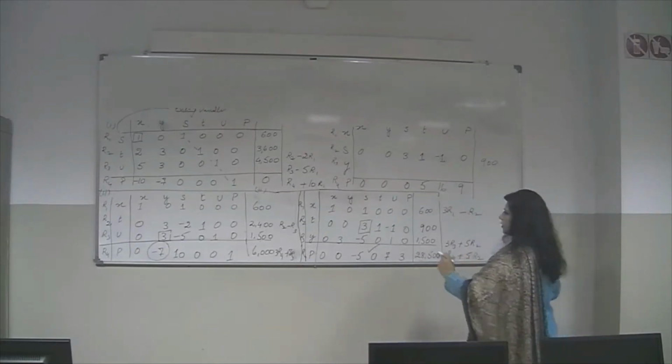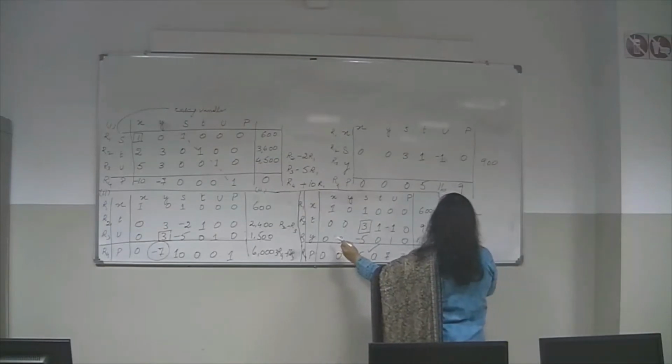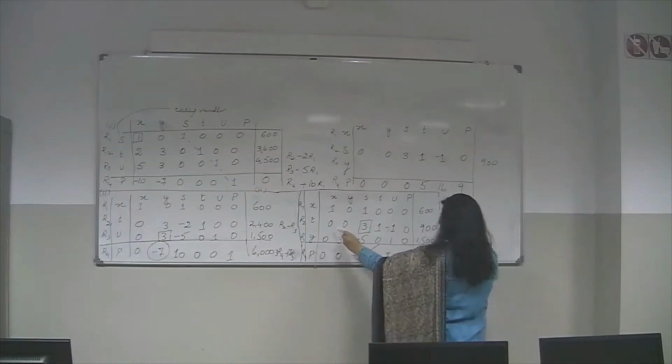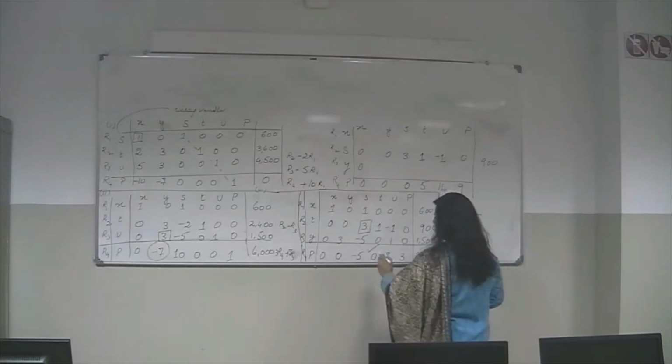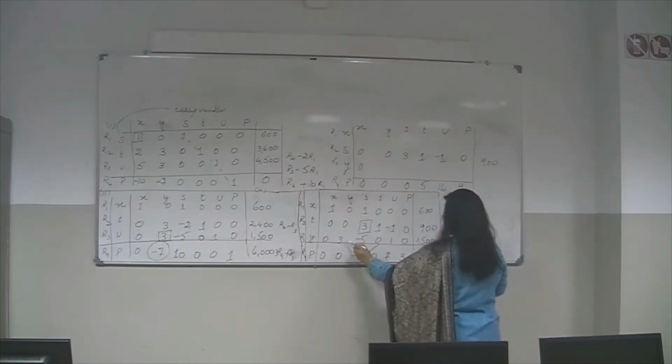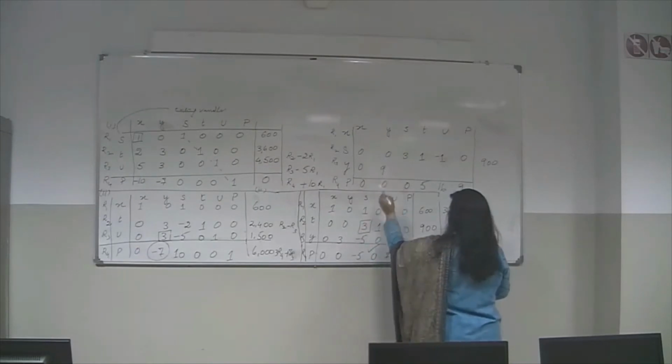So now considering R3, we have 3R3. So this is 0 plus 5R2. Again 0, so we have 0 here. Then 9, 3R3, which is 9, plus 5R2, which is 0, so we have 9.